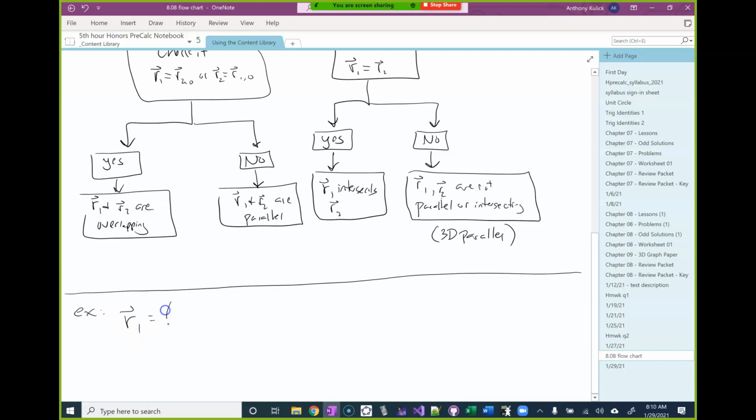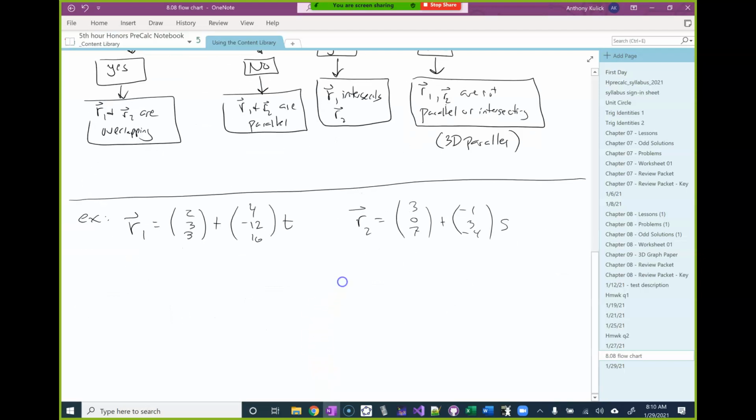So let's say we have R1, and then I have my R2. We're going to determine the relationship between these two.